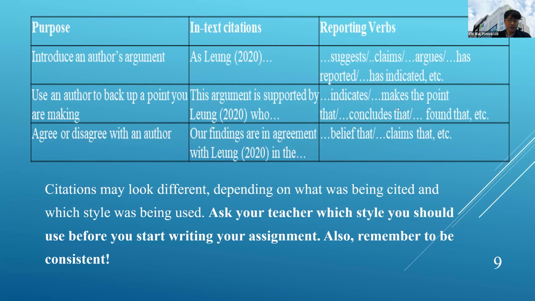Now, anyway, this citation looks very different depending on the source and the style, right? So as I said, of course, MLA, APA, etc. But you have to check with your tutor or your lecturer.